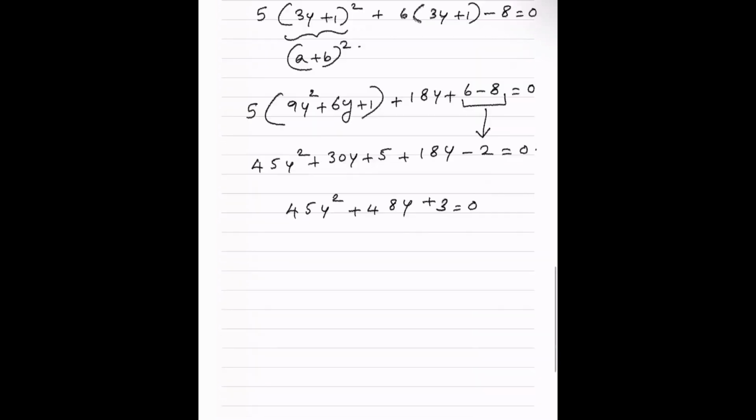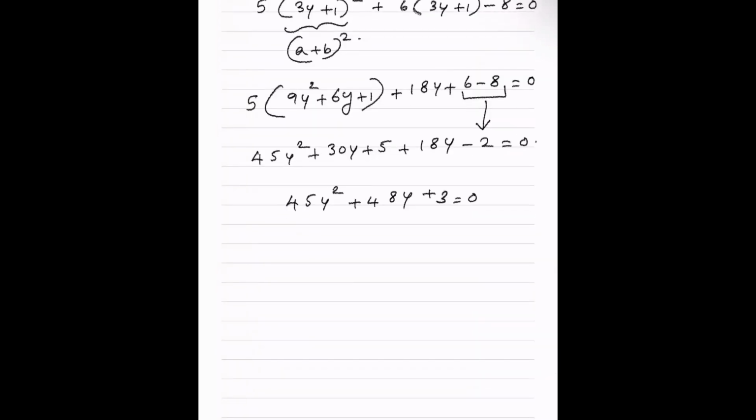Now 3 is common here, so divide each and every term by 3. So you will get 15y square plus 16y plus 1 equal to 0.